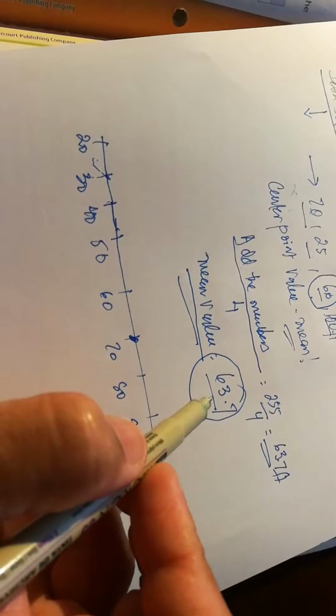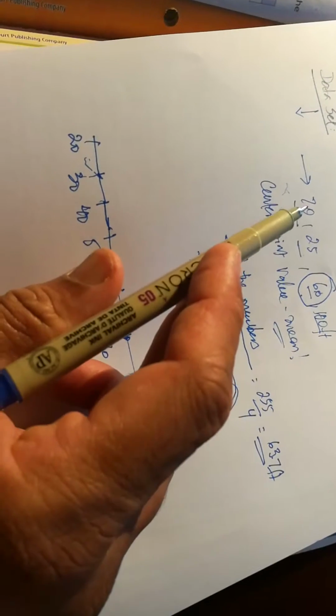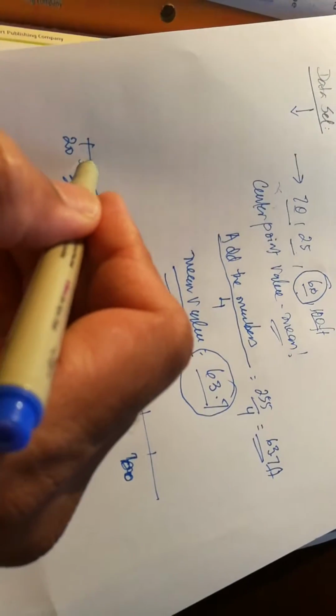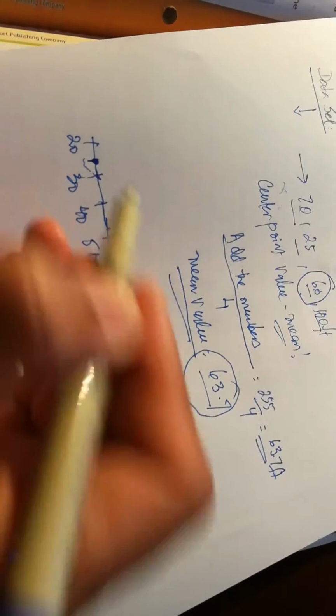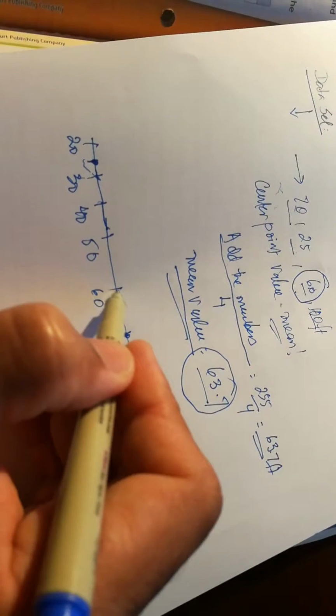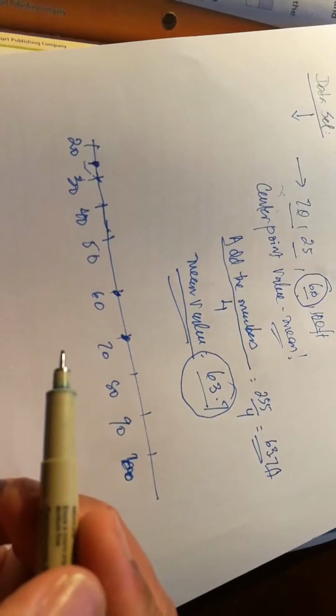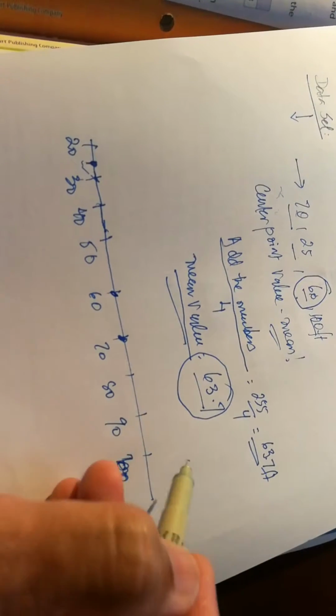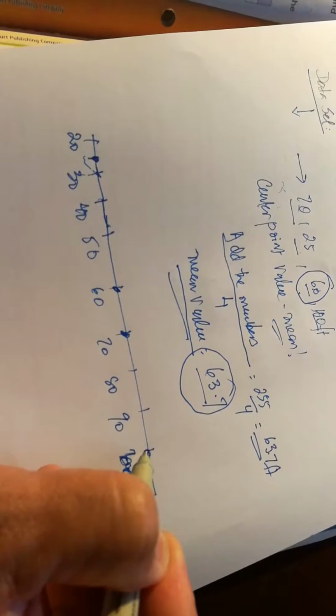If you look at the first building, you plot the point at 70. You take the second building and it's at 25. 25 would be somewhere here, so you plot it there. Third building is at 60, so you plot it here. Fourth building is 100, so you plot it here.